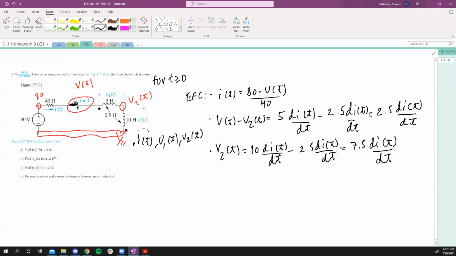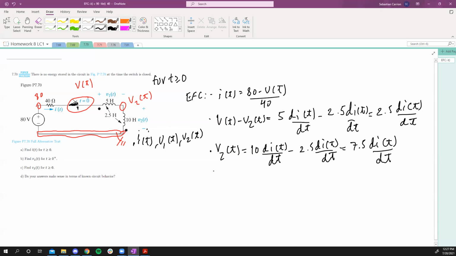So first thing we want to do, we could either find the equivalent inductance, or we can go ahead and plug in this v2(t) into this equation. I'm going to avoid doing the equivalent inductance just so you see another way of how to solve this.